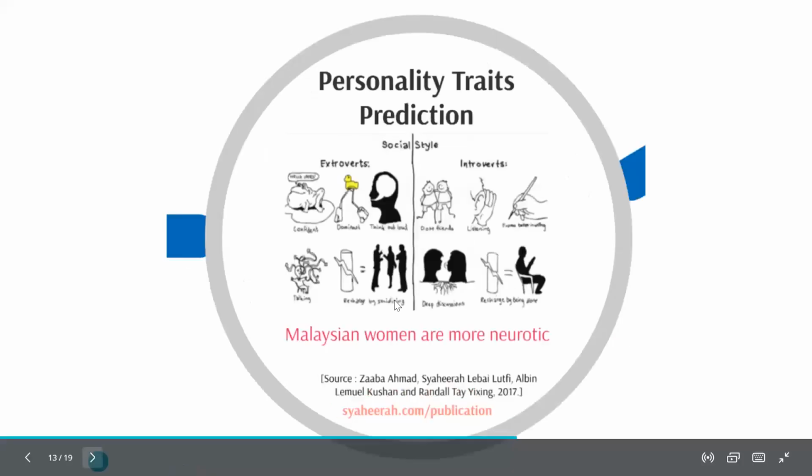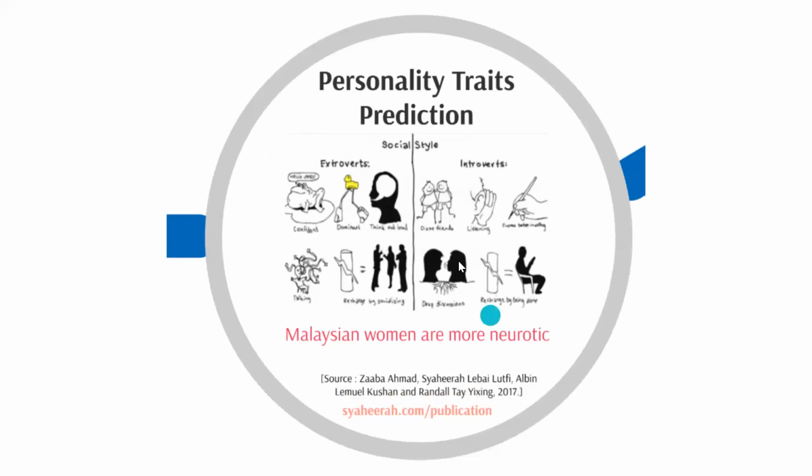Okay, and also personality trait prediction. This was one of my most interesting findings actually, where we tried to do sentiment analysis using Facebook data, and we found out that Malaysian women are more neurotic. Now, how did we know that?